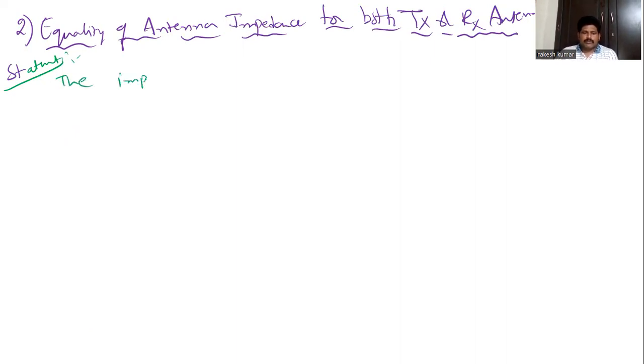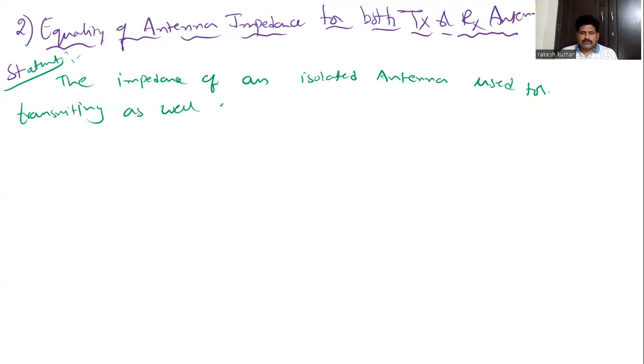The statement is like this: the impedance of an isolated antenna used for transmitting as well as receiving purposes is identical.